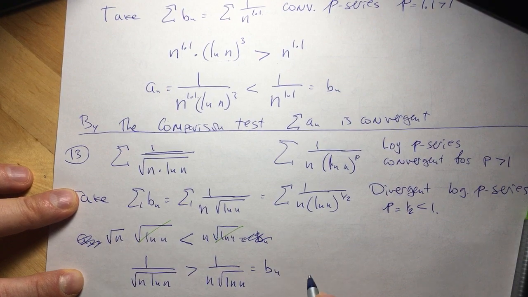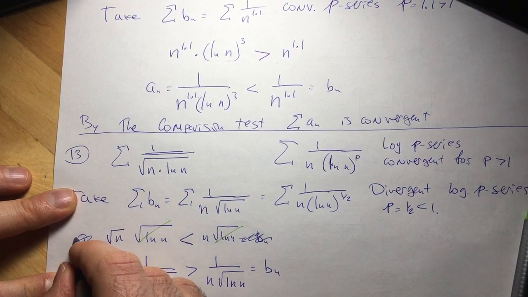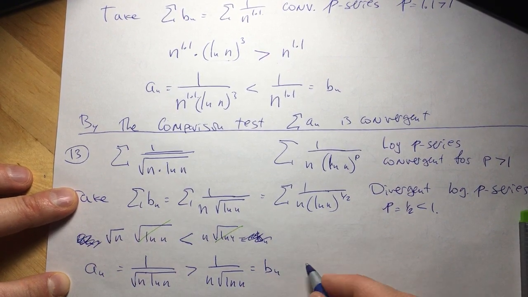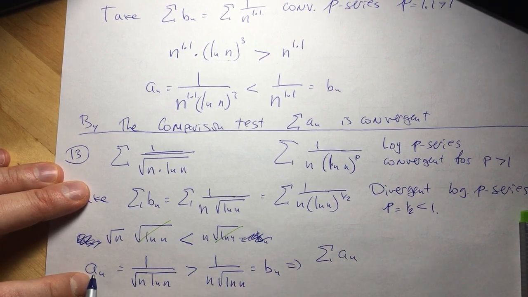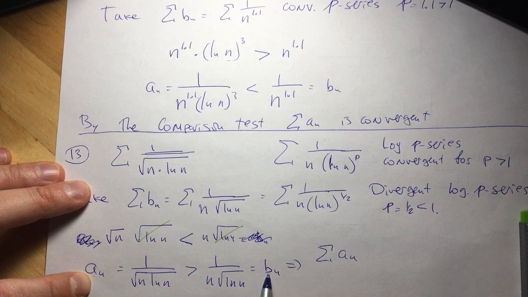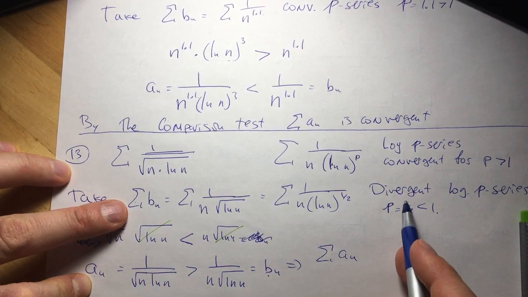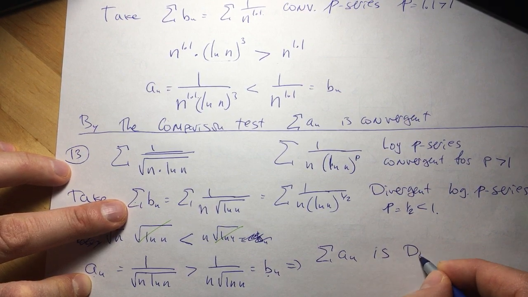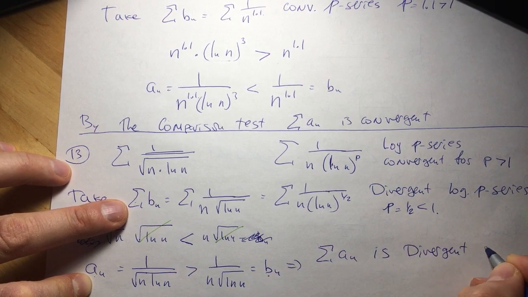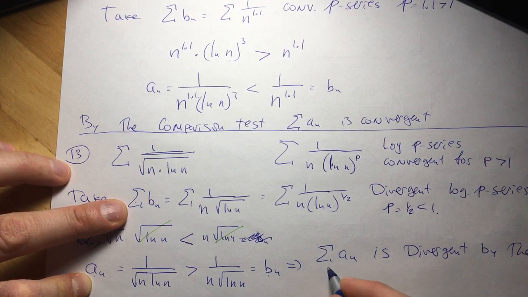This is my bn, this is my an, and if you look at the comparison test, because an is greater than bn, and the sum of bn is divergent, this implies that sum of an is divergent by the comparison test.